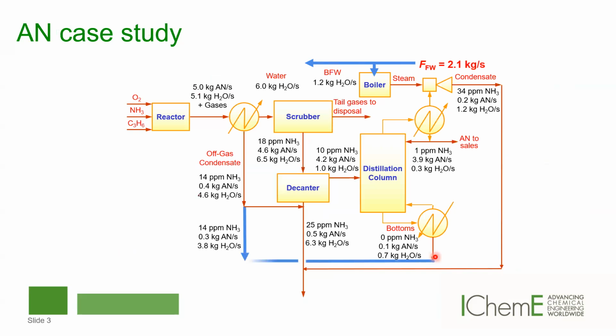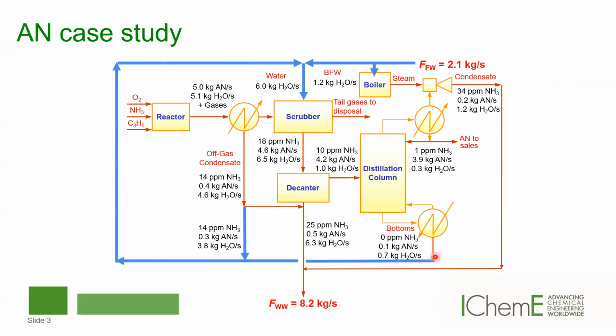Okay, so this is our example before for the AN production. And remember that we did a pinch analysis for this case study, and what we got is that we were able to save on fresh water, and we only need 2.1 kilograms per second of fresh water, and then the wastewater total is 8.2 kilograms per second.